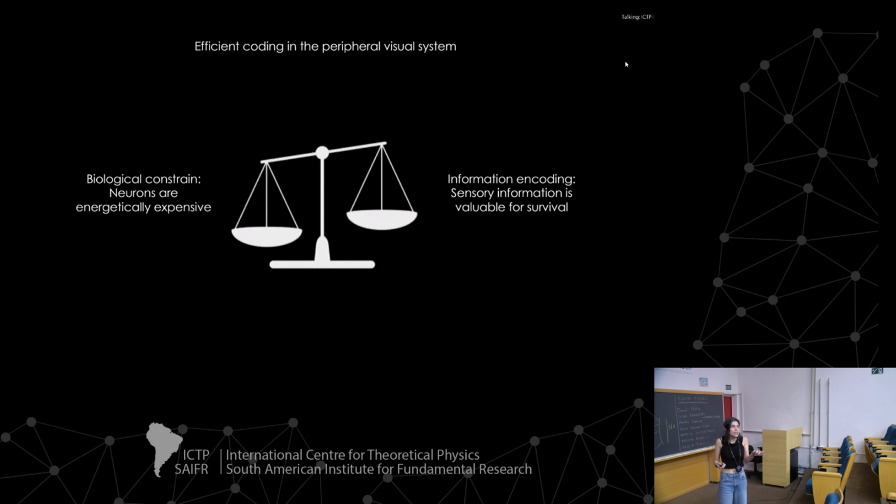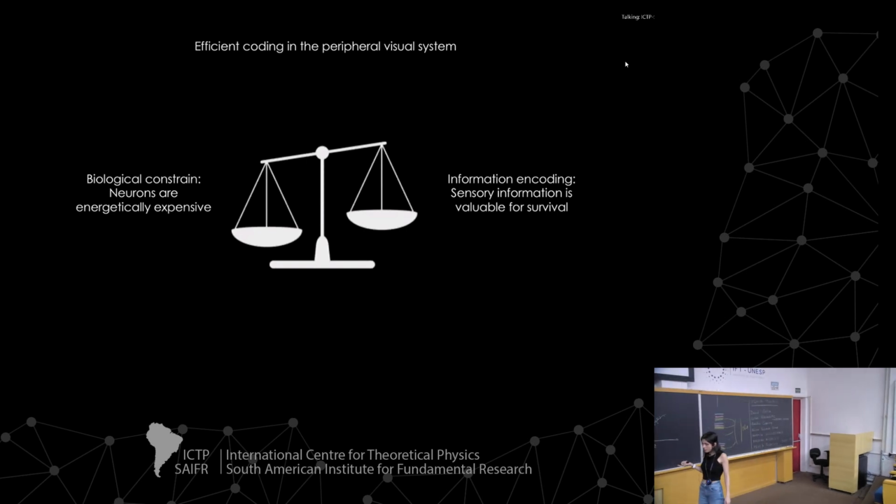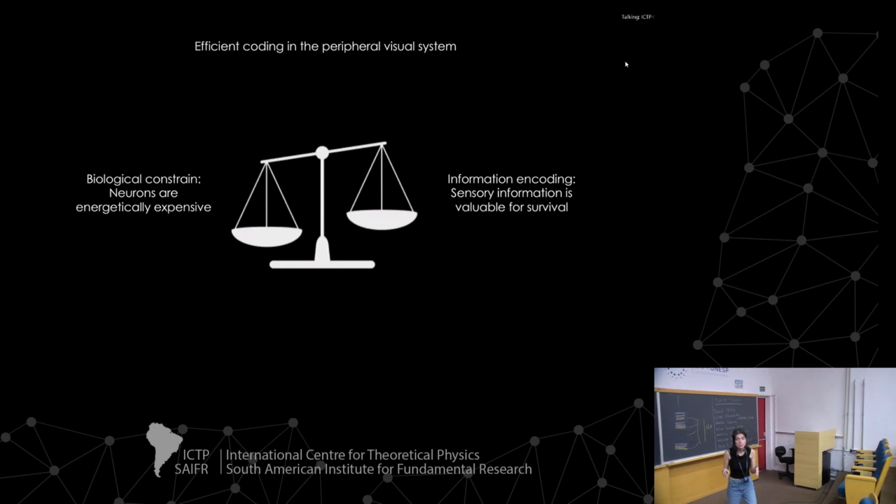So, for instance, in the previous example of color, you can tell me, okay, but you only had 3 cones, 3 neurons in your system, right? But you could also have many neurons narrowly tuned to specific frequencies, so you would not lack encoding of different frequencies because you would have this broad distribution. You could have many, many, many neurons. But this is not possible because neurons are really expensive, right?